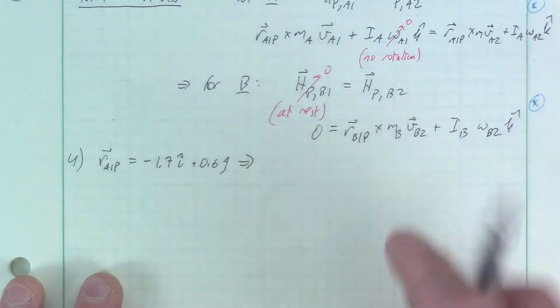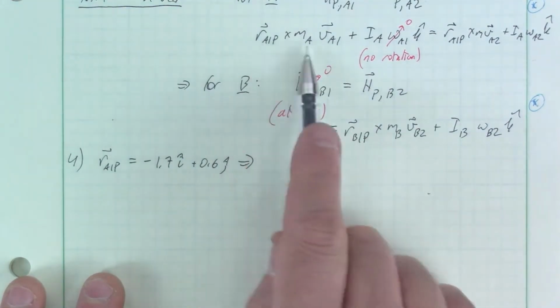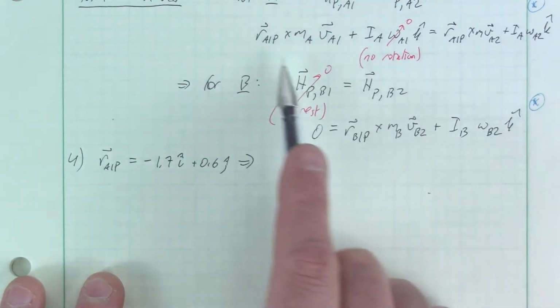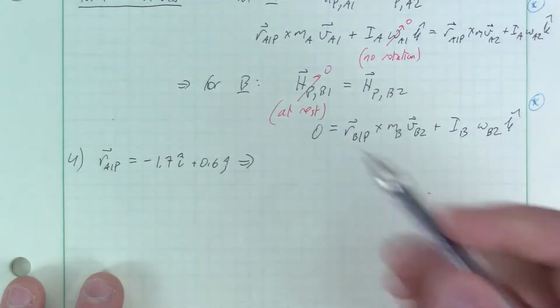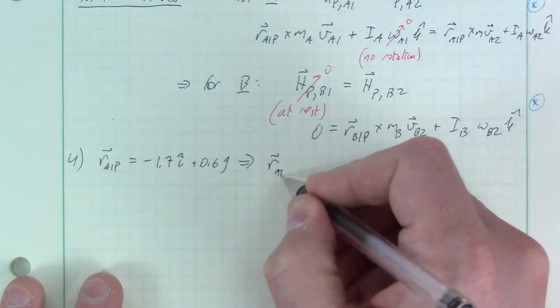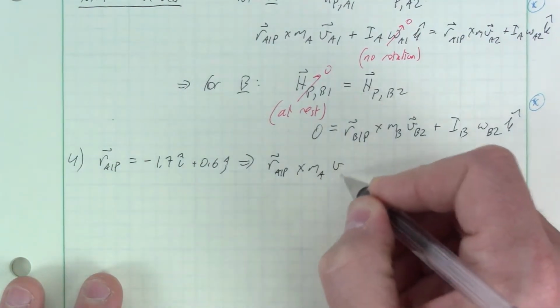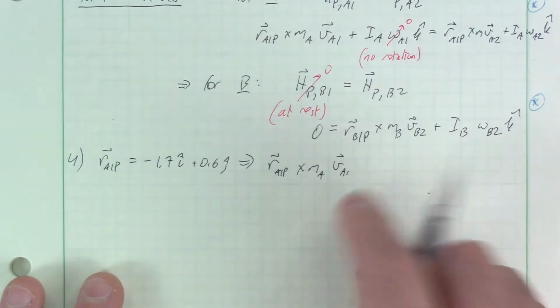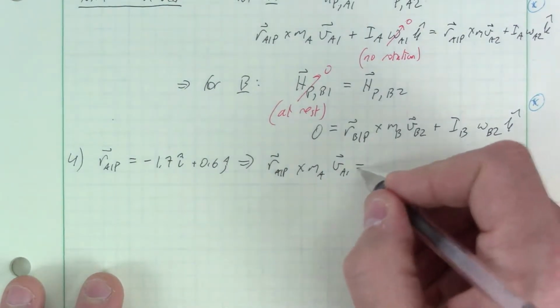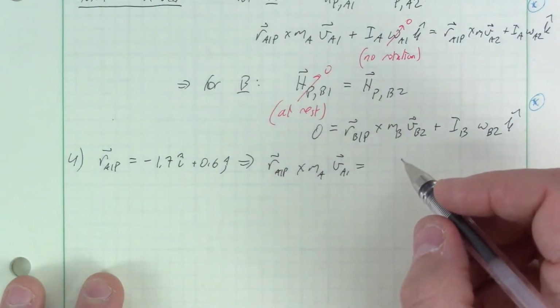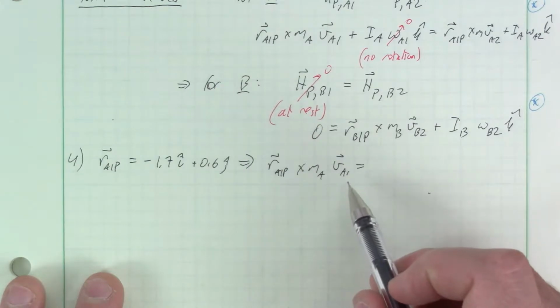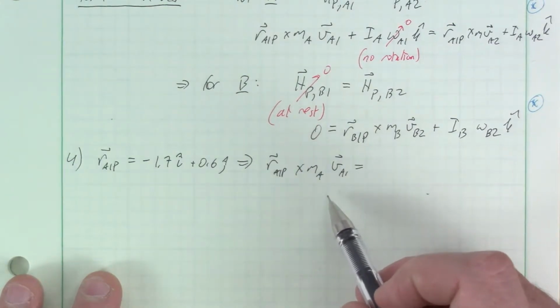Okay, so that means this term, where does this show up? That term right there? Actually, we see it twice. So there's this term and that term. Whenever we cross this relative position vector with, let's do it for A1, because we actually know that number. Well, VA1 is purely in the i hat direction, right?